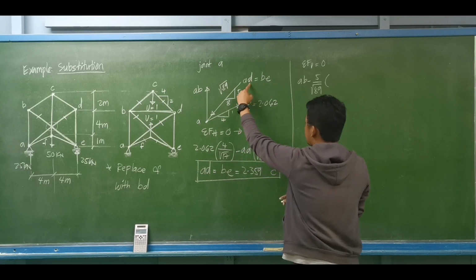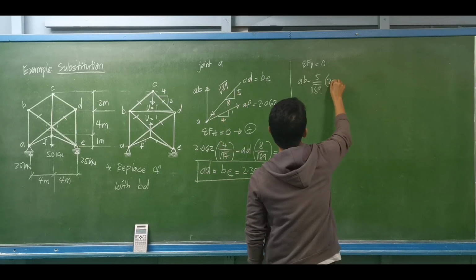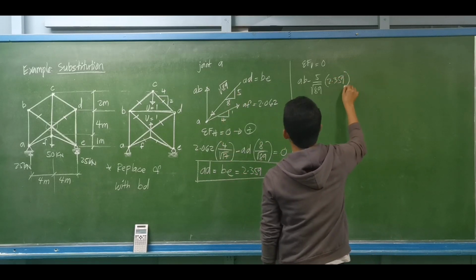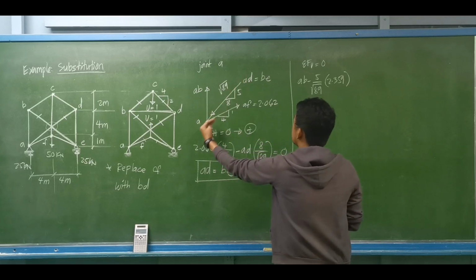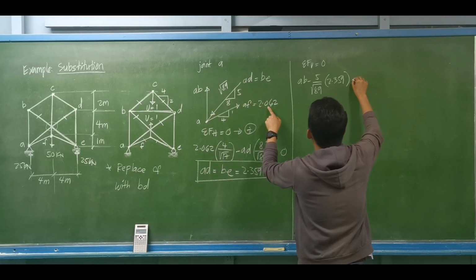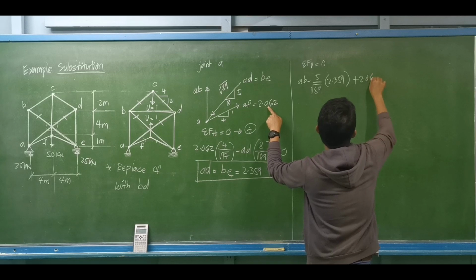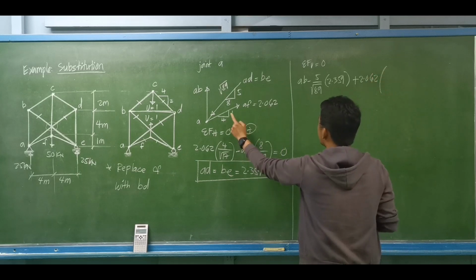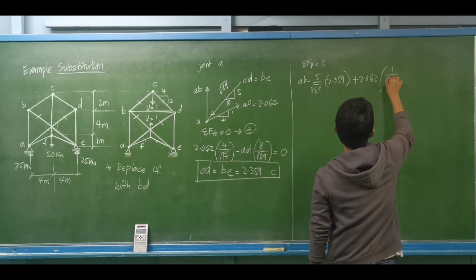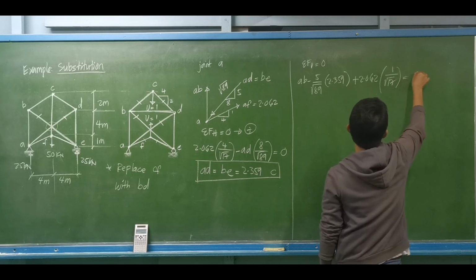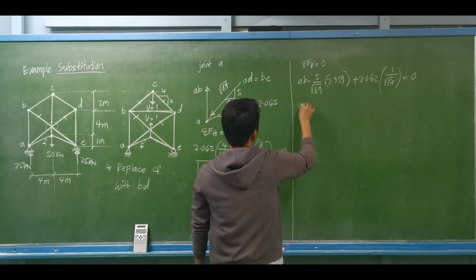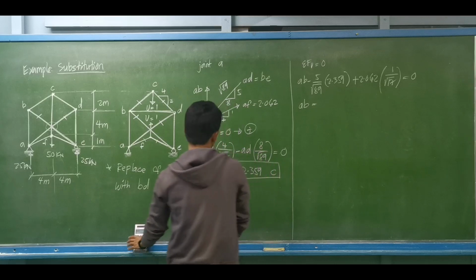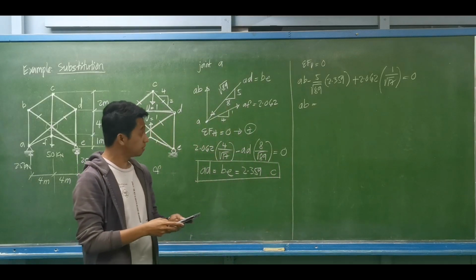What is the magnitude of AD? The one we computed, 2.359. So that is downward. This is upward plus 2.062. Vertical component is 1 divided by the square root of 17 equal to 0. So let us check if the assumed direction of AB is correct, if it is upward.